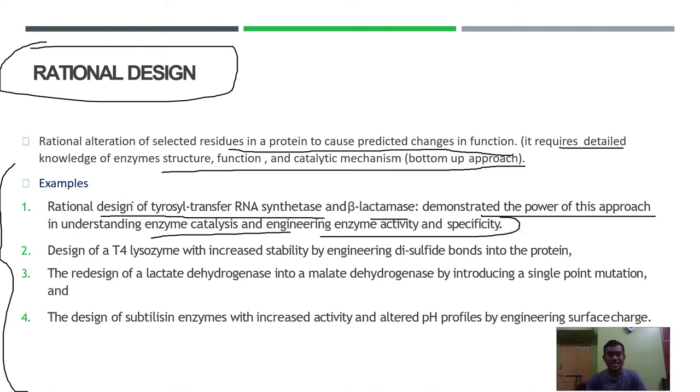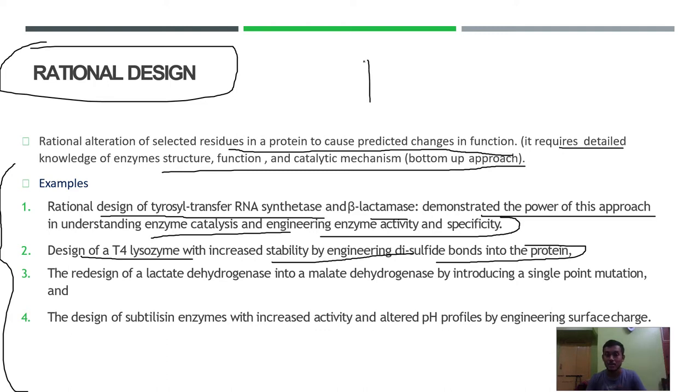These are some of the very old designs, done to demonstrate how this works. We have more, such as the design of T4 lysozyme with increased stability by engineering disulfide bonds into the protein. By putting more disulfide bonds into T4 lysozyme, its stability has increased.